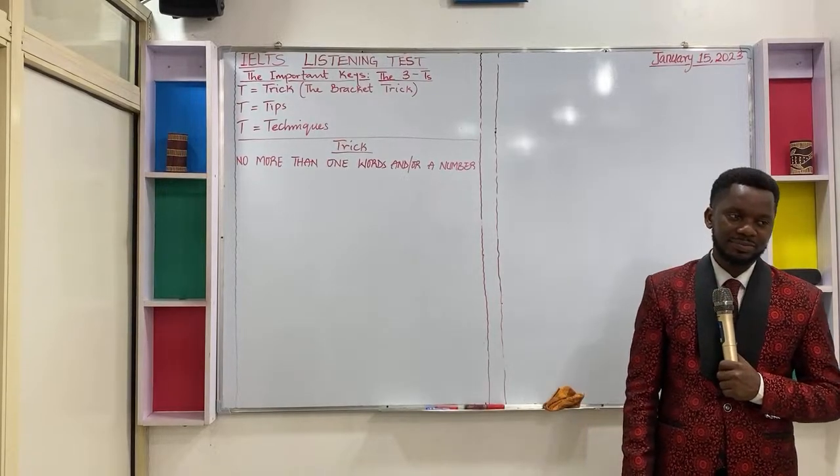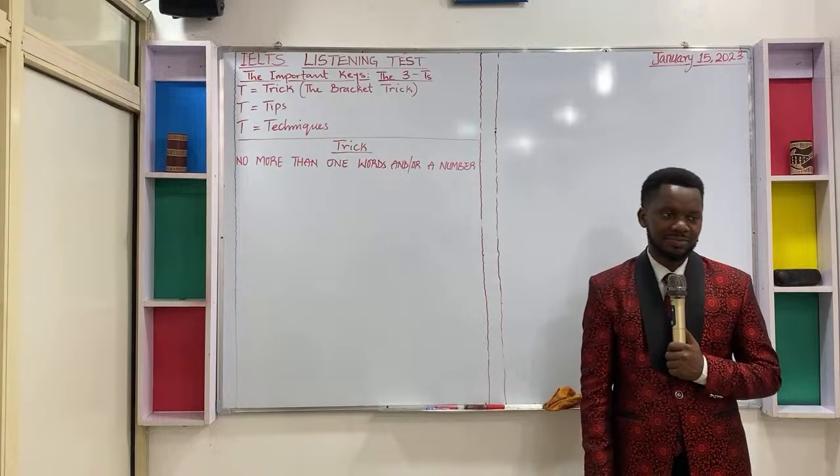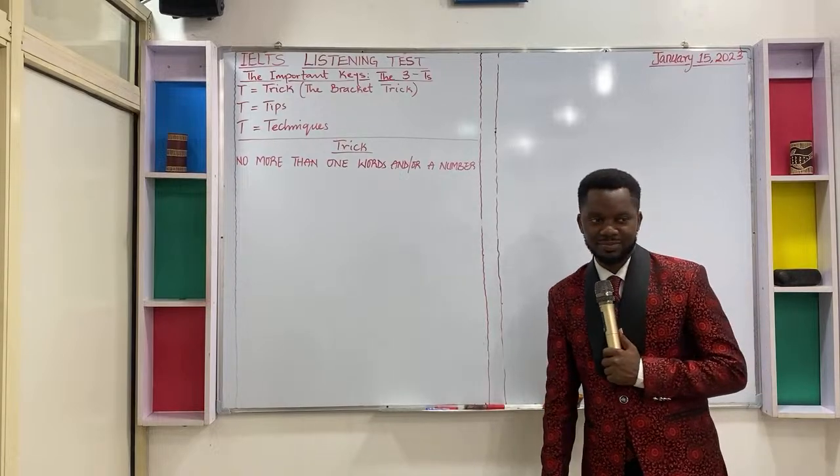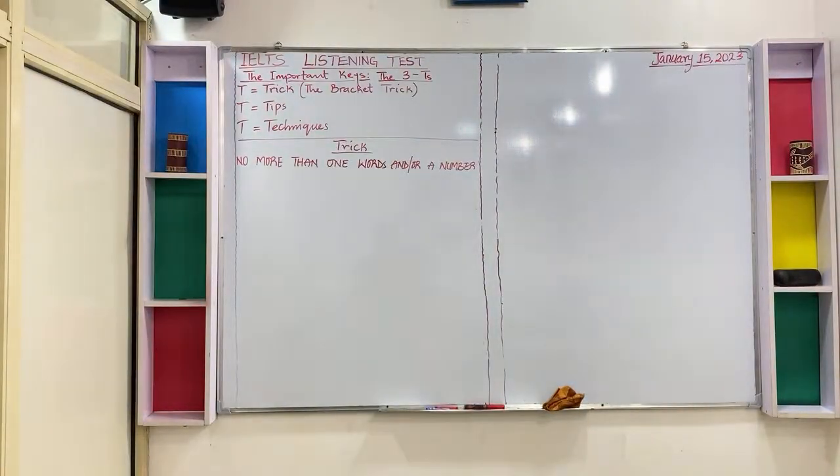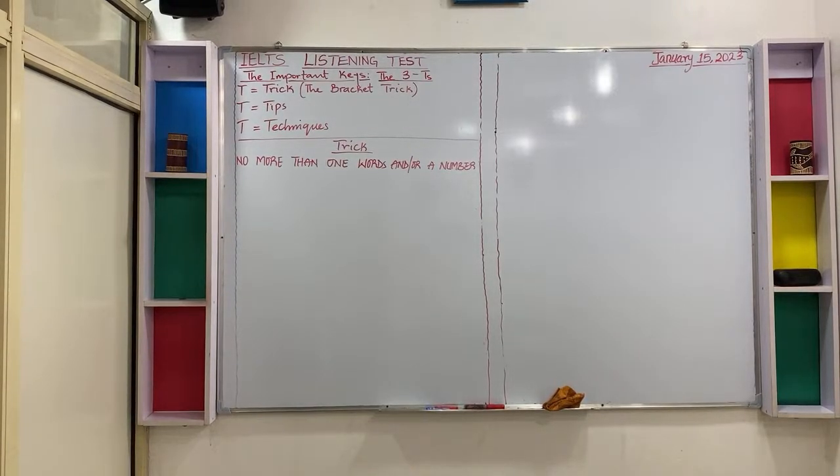For instance, if I put to come, it doesn't count because those are 2 words. So it's either I put to or come. And then the number, I can't put 7 and then I put 8. I can only put 7 or 8. Okay. Thank you so much.